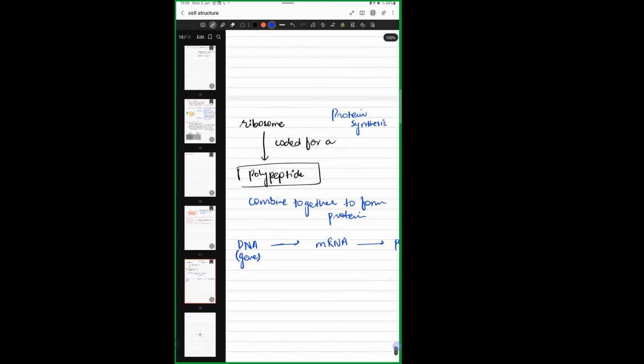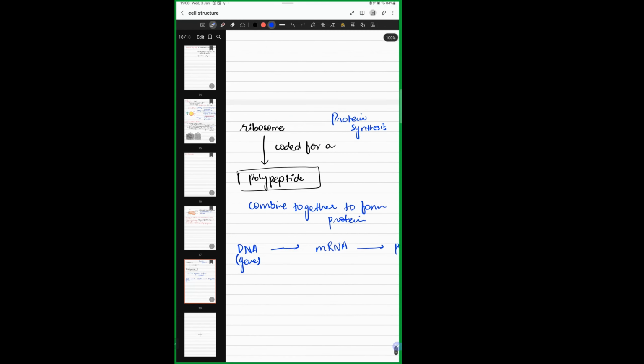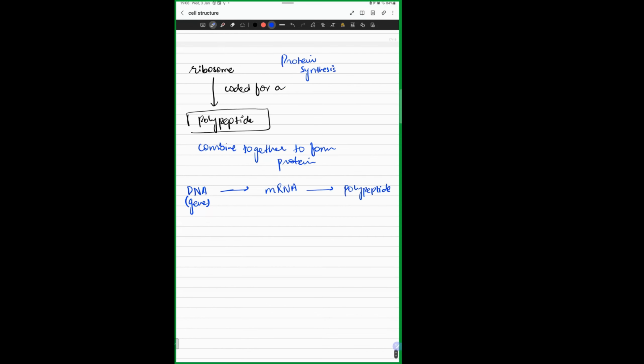Now we have hundreds of genes and a number of mRNAs being formed simultaneously within the cell. Okay? And we have multiple polypeptide chains, right? So for example, 20 polypeptides combined together to form a protein.